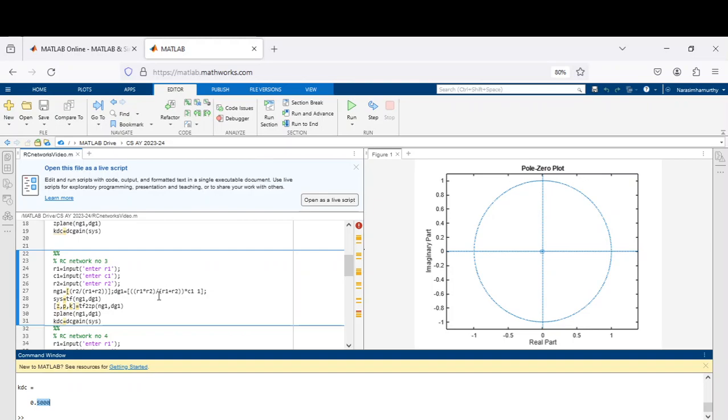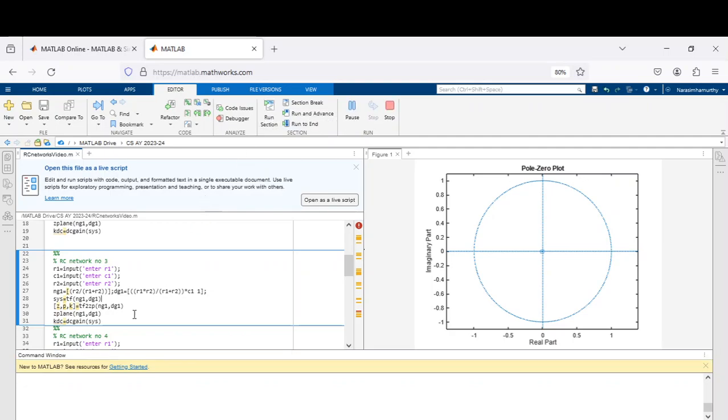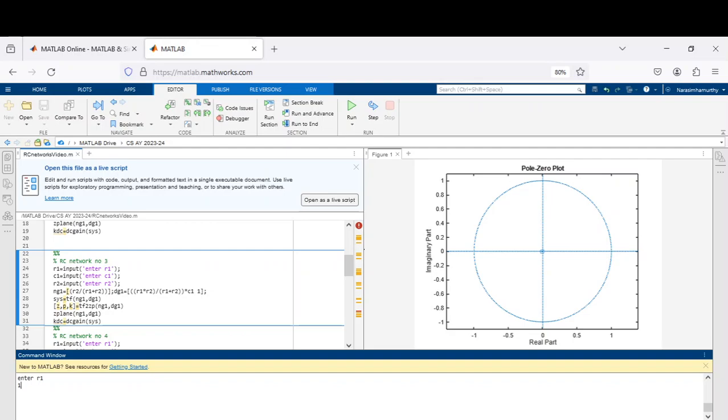Suppose I rerun this and give different values of R1, R2, let us see what happens. Okay, now let me give it as 1000 and this as 1E-6.